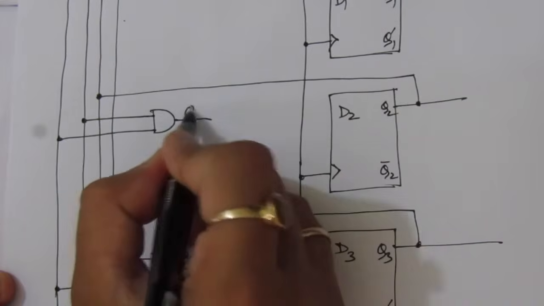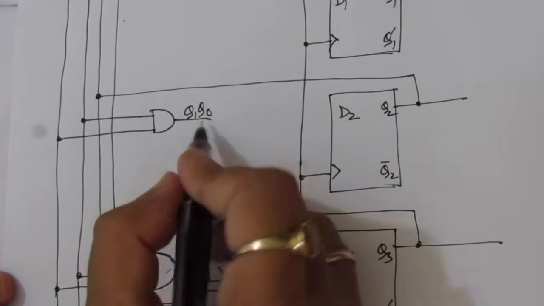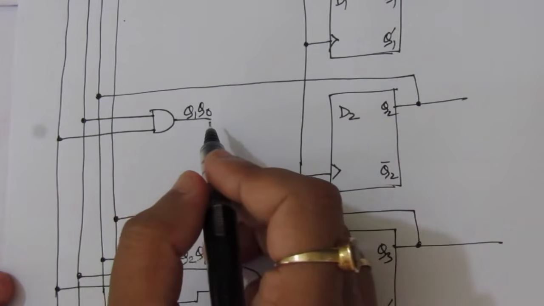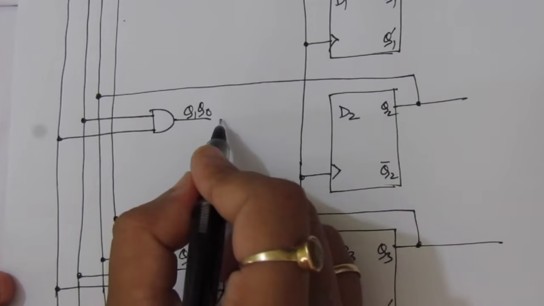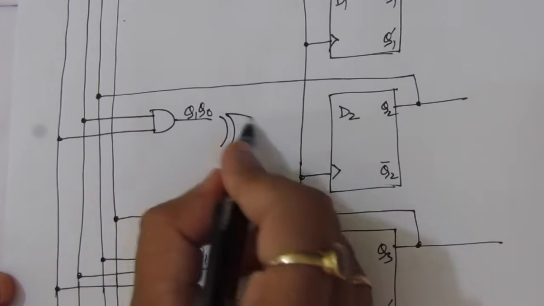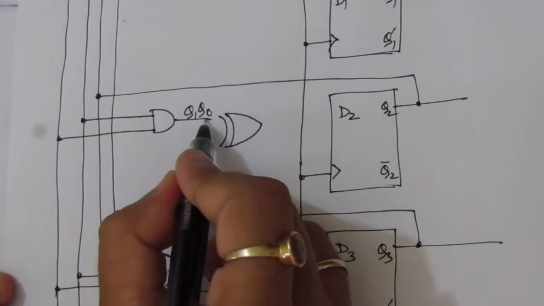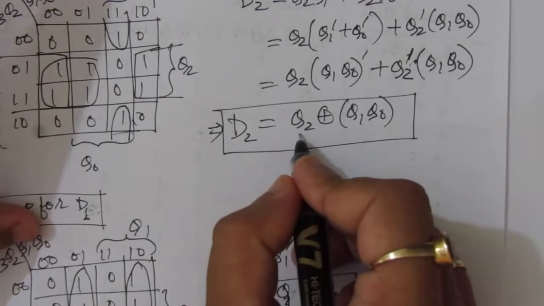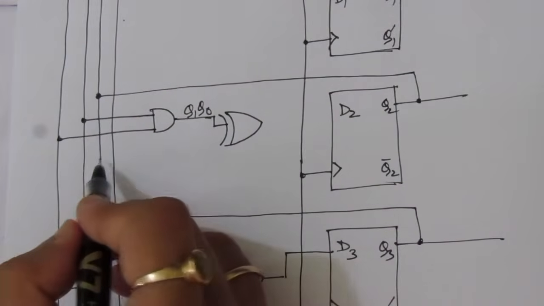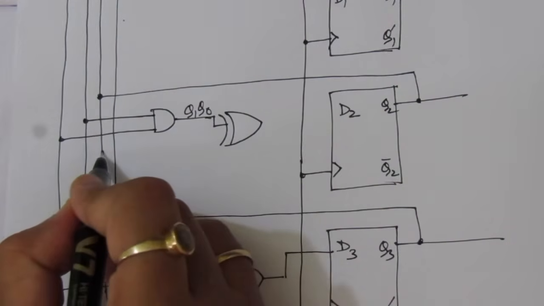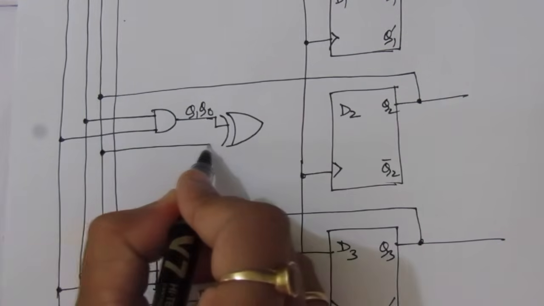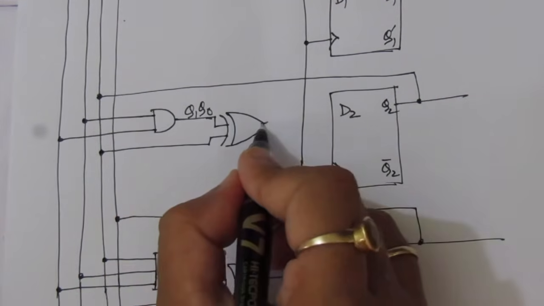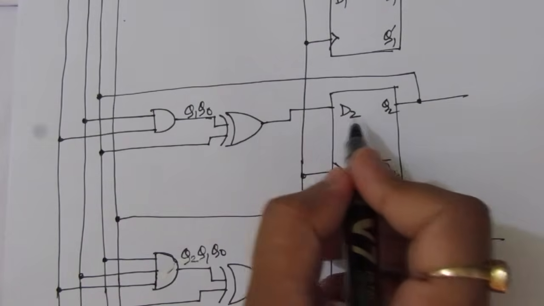This output is Q1 Q0, and it is XORed with Q2, so use an XOR gate. One input is Q1 Q0, and the second input is Q2. This third line is Q2, so draw a line from here and apply it to this input. The output of this XOR gate will be connected to D2.